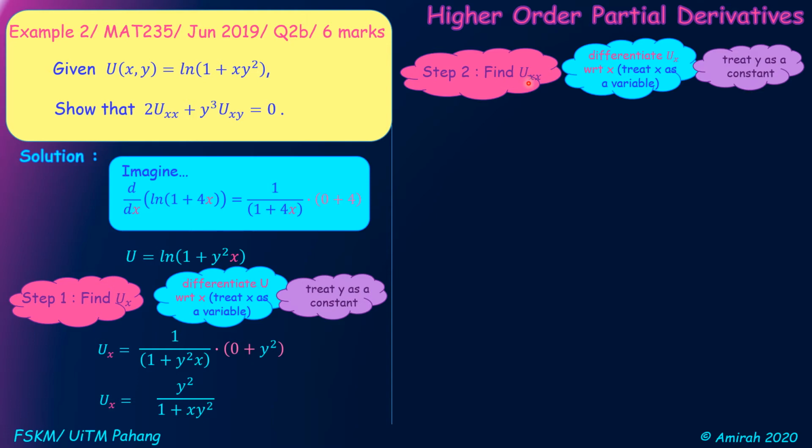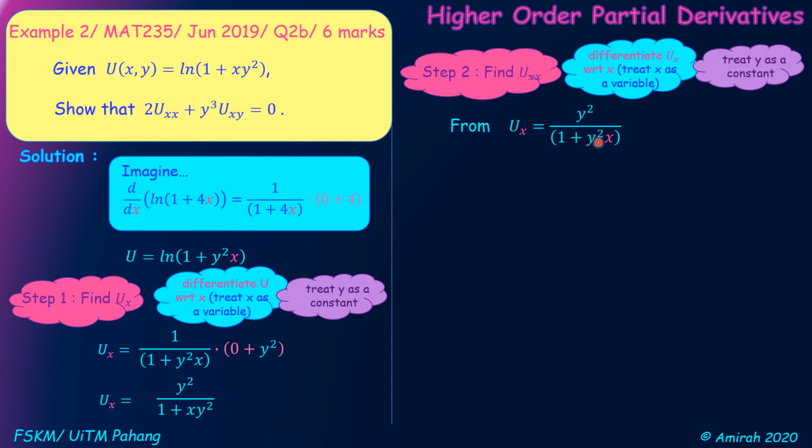To find u_xx, we refer to u_x. Okay? u_x equals y² over (1 + y²x). Since we treat x as a variable, to avoid error and make it easy to differentiate, we can put variable x at the back and we use a different color.